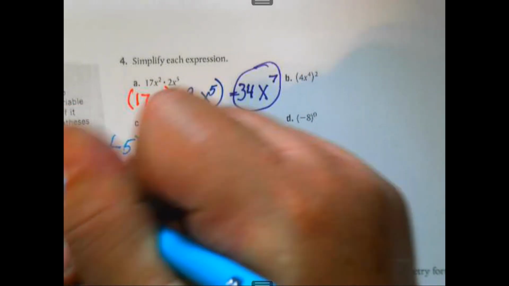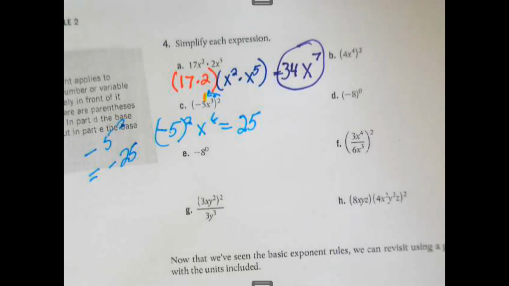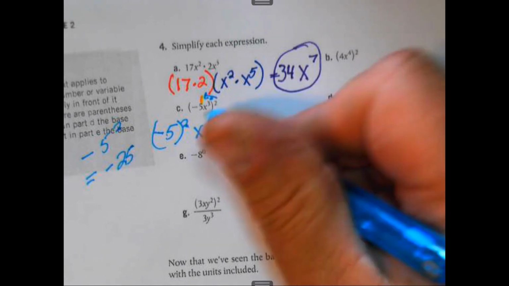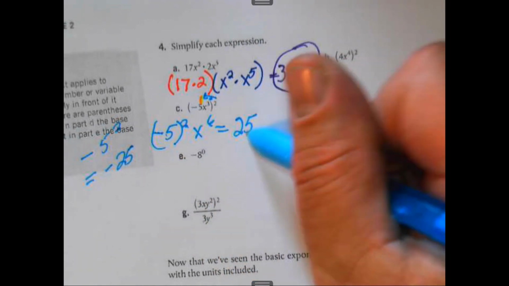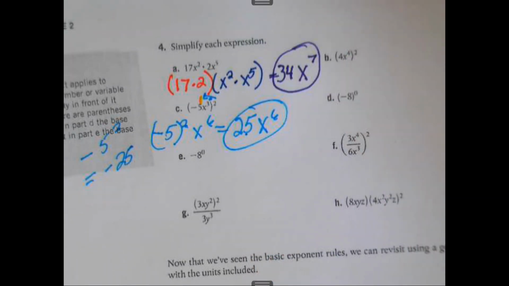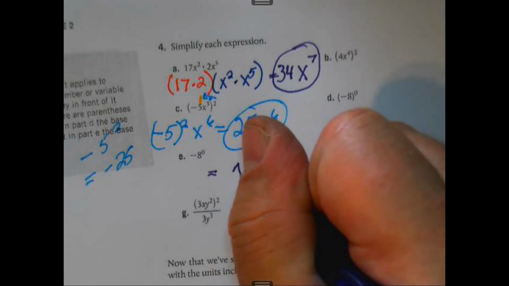In other words, if you put in your calculator negative 5 squared, you're going to get negative 25, and that's the wrong answer. That's because of PEMDAS. Parentheses first. So I have negative 5 squared is 25, x to the 6th. Anything raised to the 0 power, 1.